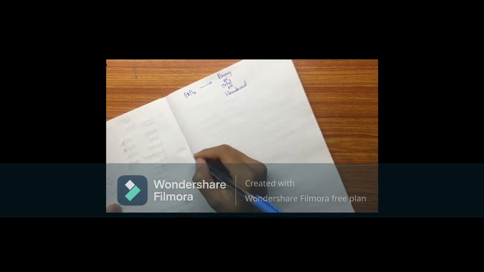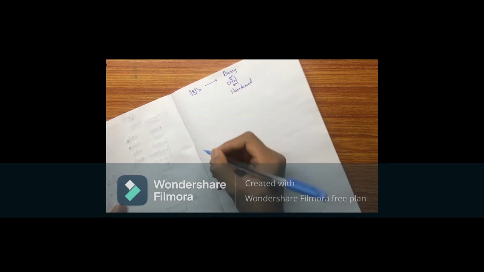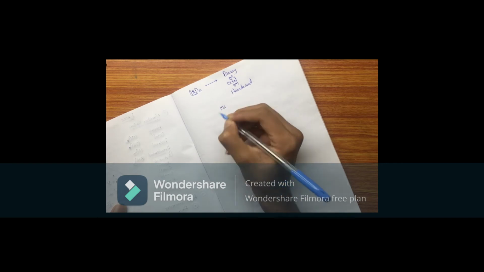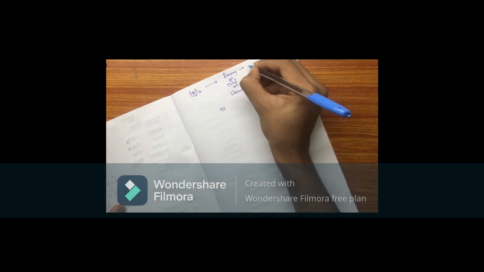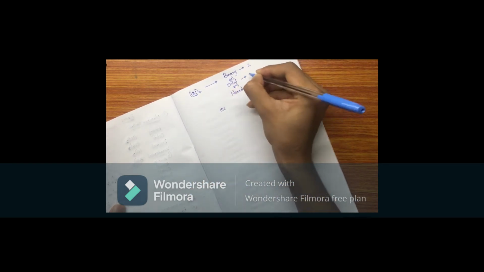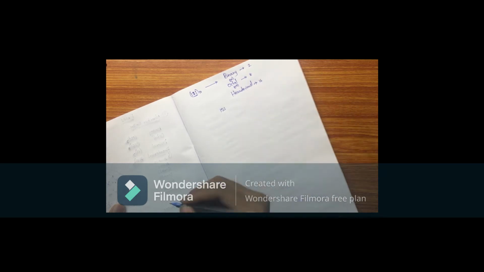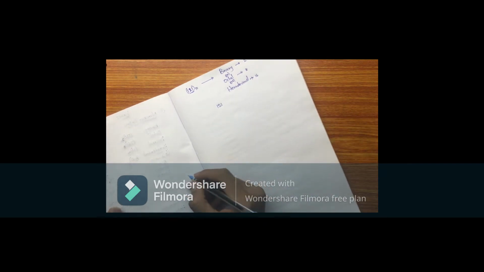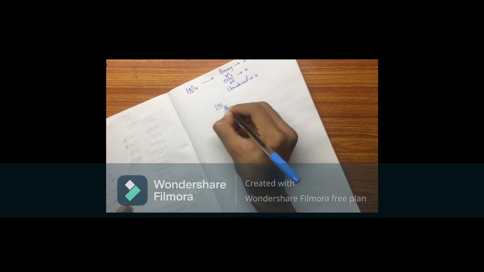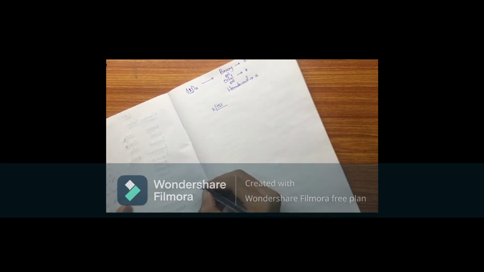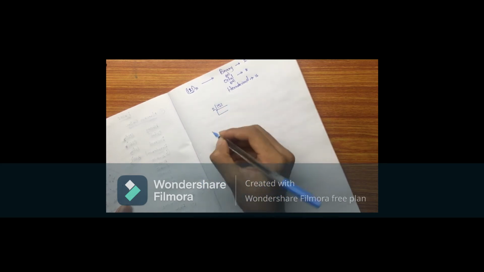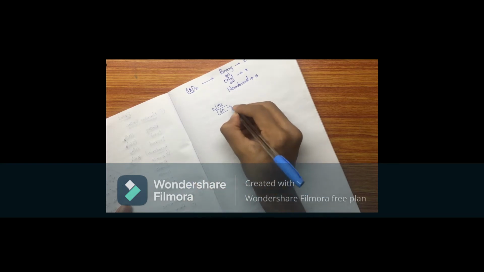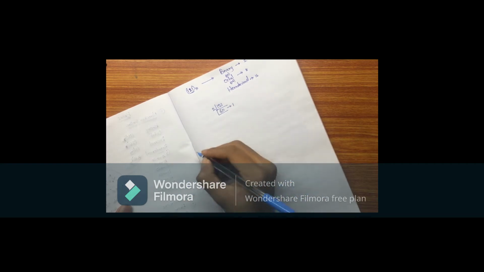Simply we are going to take this number 121. We know this will have radix 2, this will have radix 8, this will have radix 16. Then simply divide this number by 2. Then you will get the remainder 1.